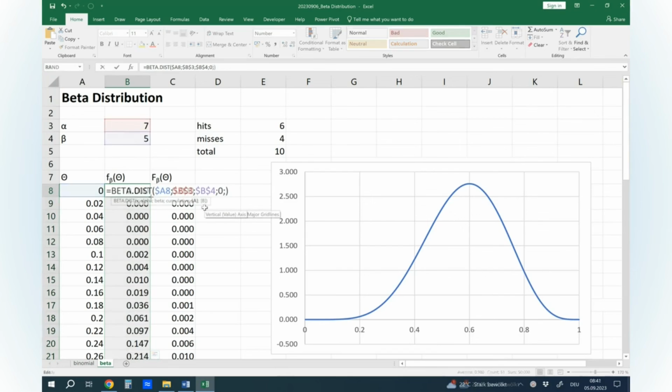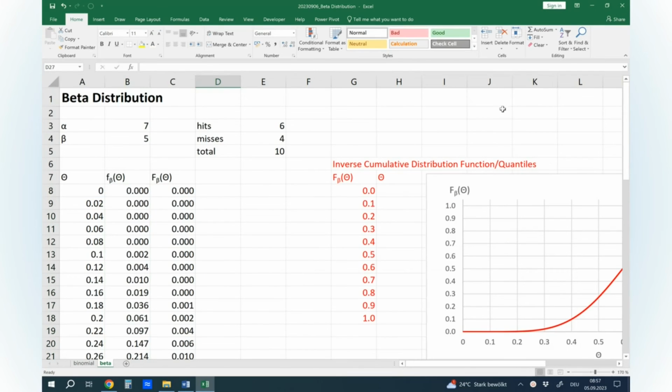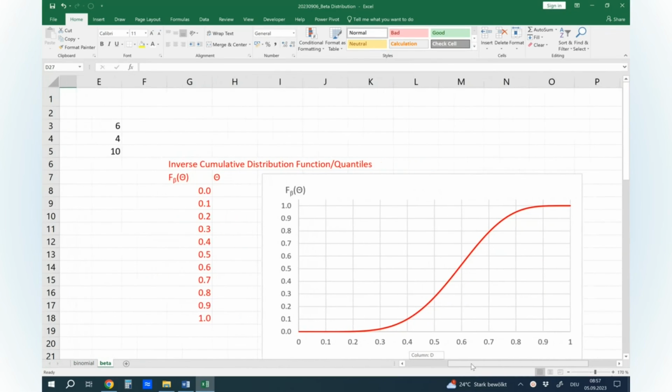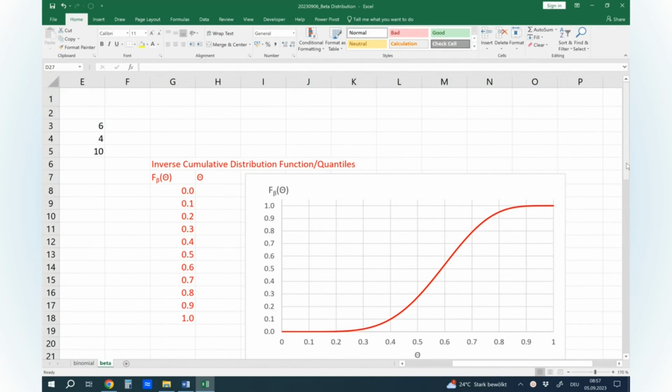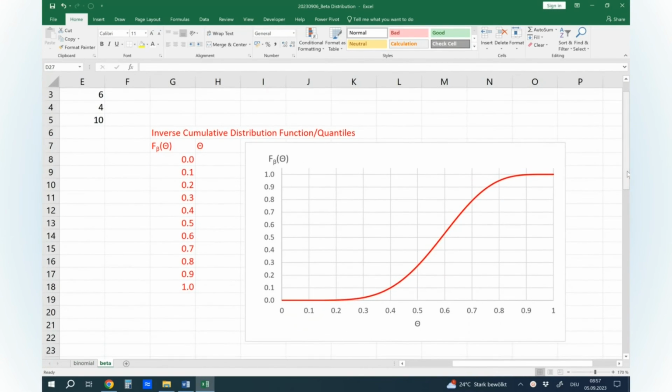Lastly, I'd like to introduce the inverse beta distribution. For illustration, I've moved the chart of the cumulative probability function up here to remind ourselves that the inverse function uses a value from the vertical axis and obtains the corresponding value on the horizontal axis, which represents the hit probability theta.